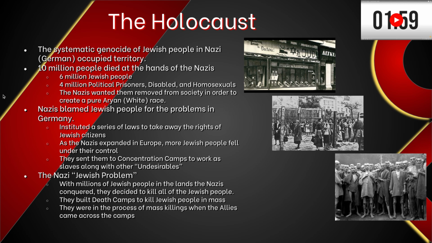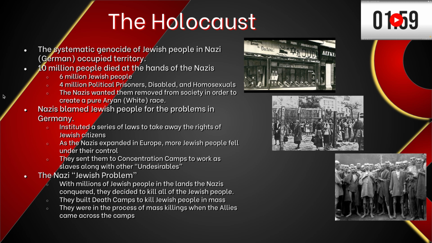So the first step was taking away their rights. And the method that the Nazis used was actually based loosely on Jim Crow laws in the southern United States. They modeled it off of how we treated African Americans after the Civil War, denying them liberties and rights through various legal means.